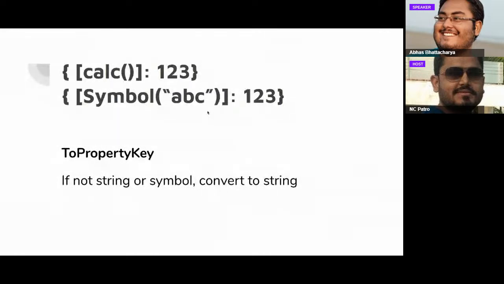So if you think about it, this is the only syntax of object literal where you can use a symbol as a key. In all the other cases, you had to use a string as a key, but this is the only syntax where you can provide a symbol as a key.